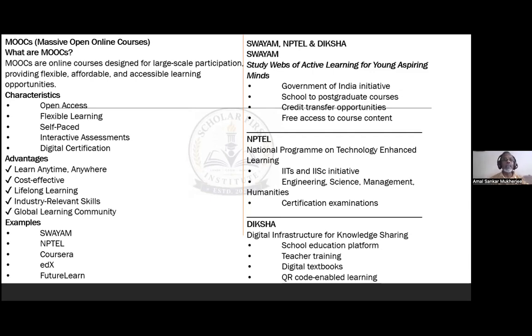What are the characteristics that we have in the MOOCs? It is open access, flexible learning, self-paced, interactive assessments, and digital certification. All these are the features or characteristics of the MOOC courses.